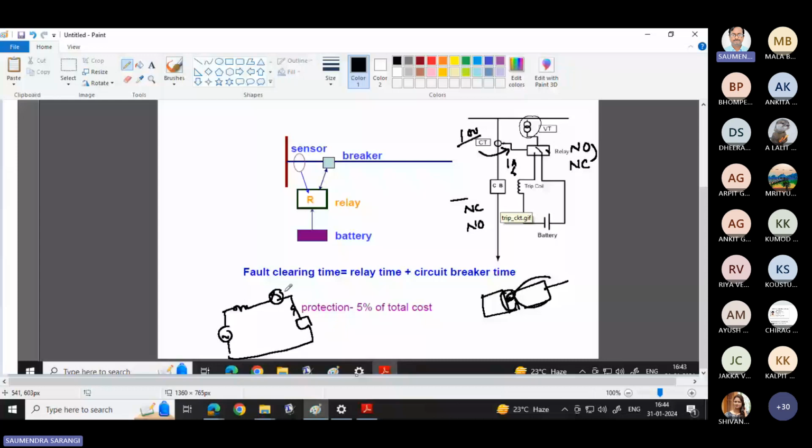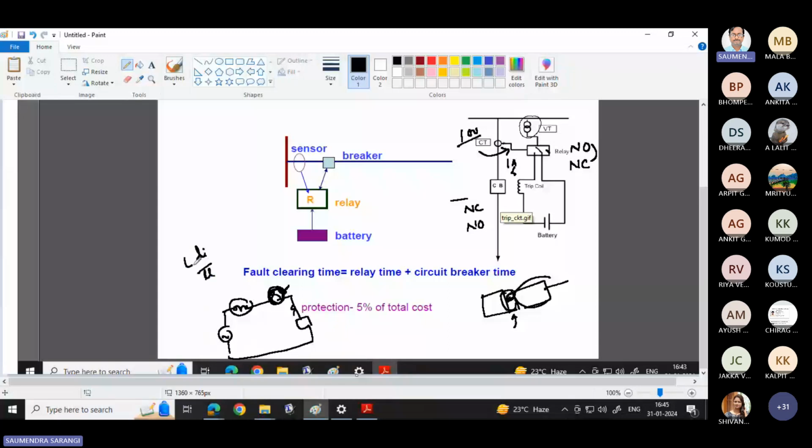When the sparking comes between the contacts, the sparking has to be extinguished, or minimized. How to minimize that? Because voltage is developed across this inductor, that is L into dI by dt.